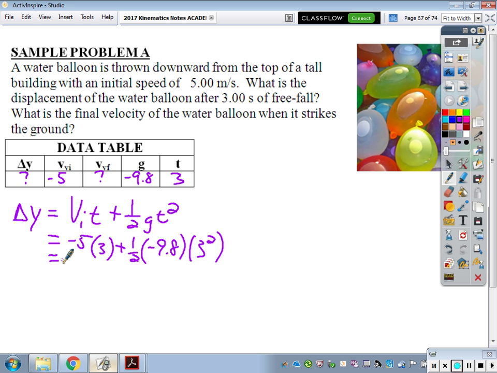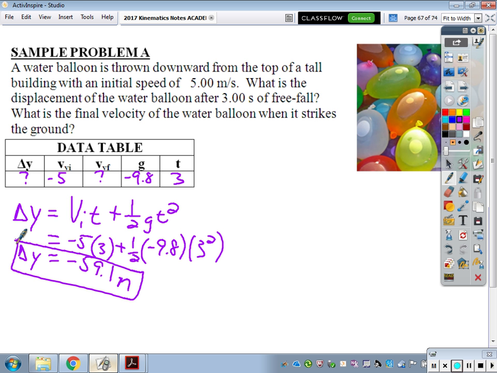And Kendall, let me know if you got a good value. Negative 59.1 meters, which, believe it or not, actually is a pretty significant drop.